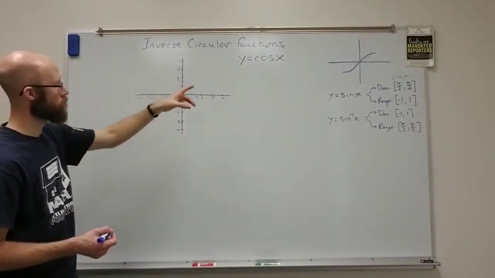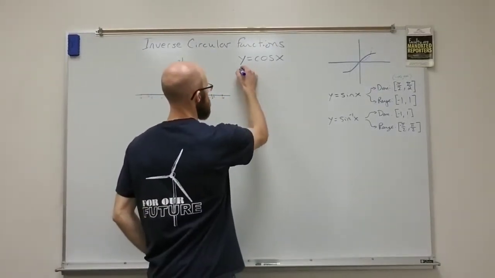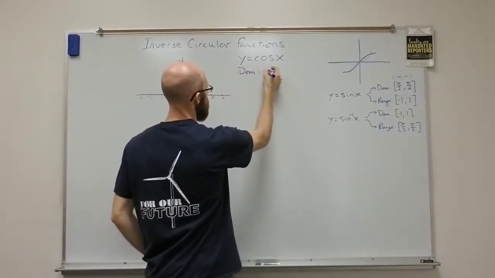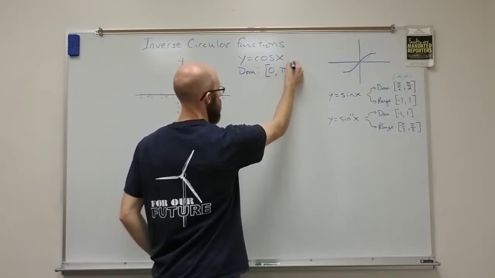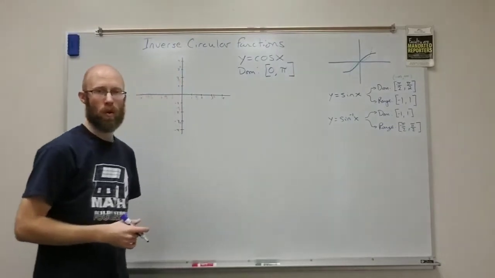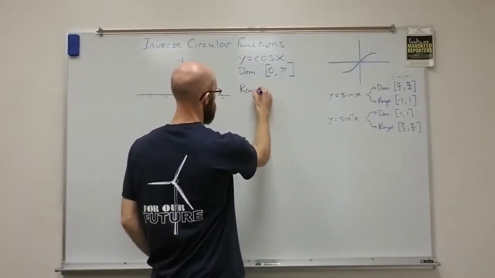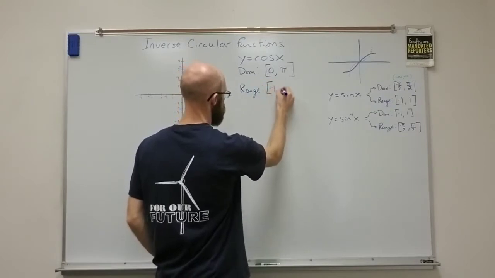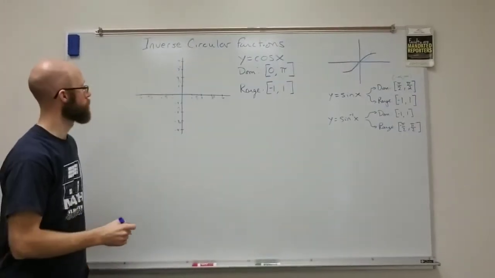So when we do the regular cosine, we're going to restrict the domain down from 0 to pi. That way we have our 1-to-1 portion. The range, of course, is going to be -1 to 1. We still need that range, that way it covers all the values.